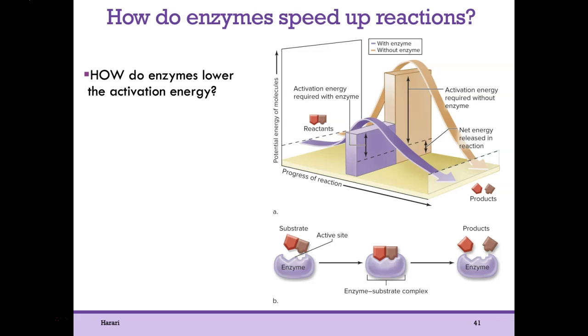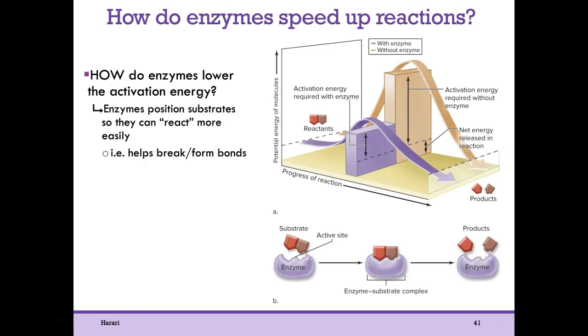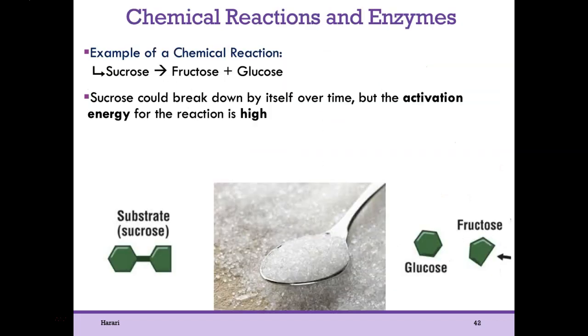The next question is, how do enzymes lower the activation energy? Right? And the answer is, enzymes can physically position substrates so that they can react more easily. So enzymes bring reactants or substrates into contact with one another, so less energy is required for the reaction to proceed. So basically, enzymes help bonds form or help bonds break.